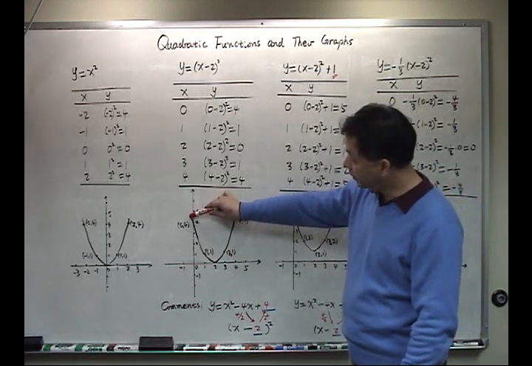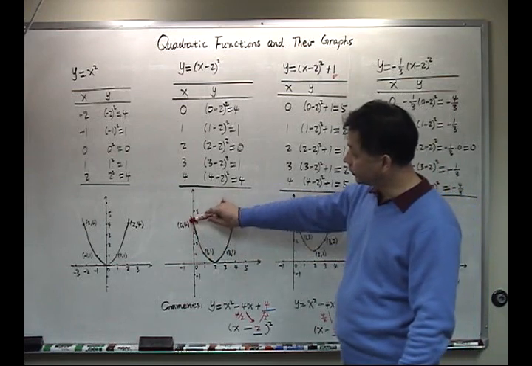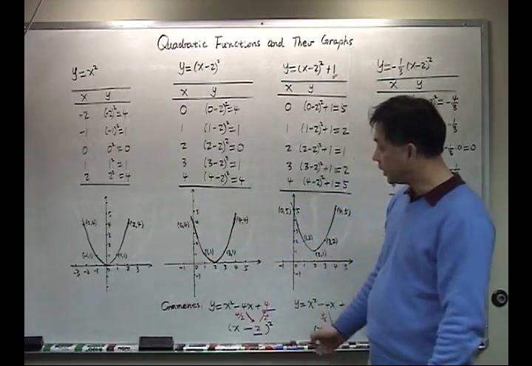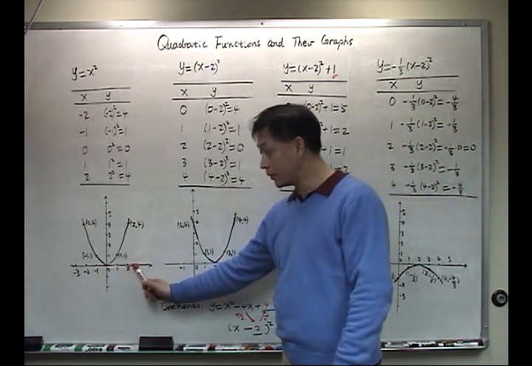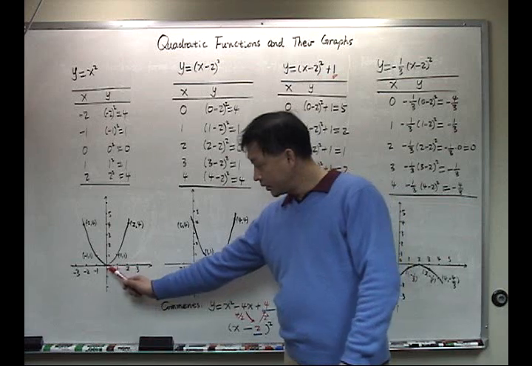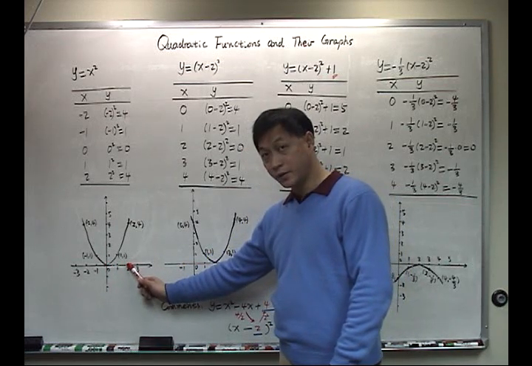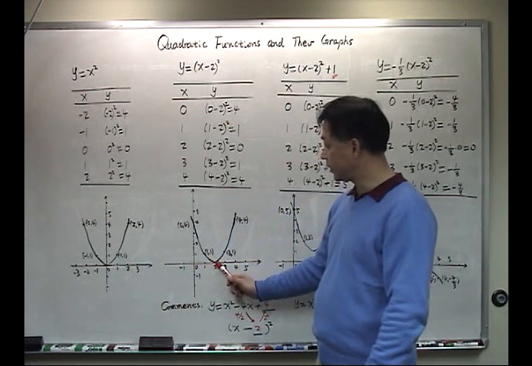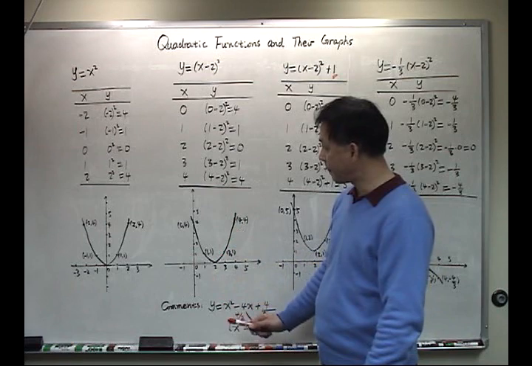Again, you connect those 5 points, then you have a smooth curve. You can see this graph is 2 units to the right of the previous graph. The vertex was right here, now 2 units to the right. The rest of them are the same.